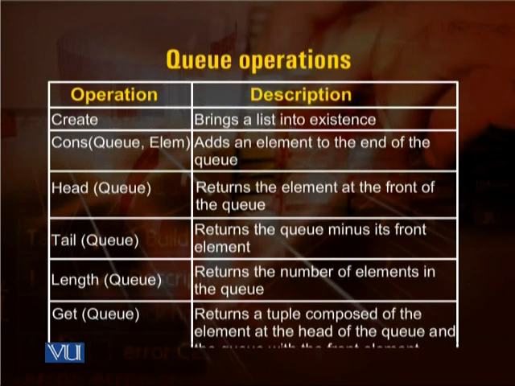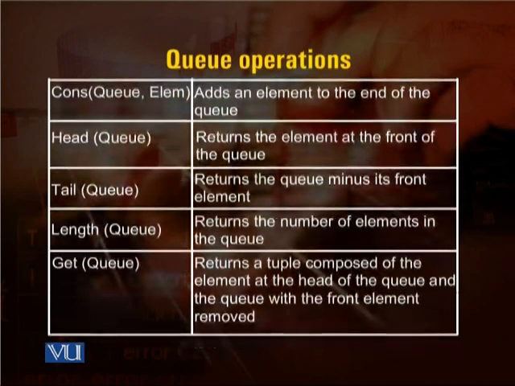We have the tail, which returns the queue minus its front element after chopping the top element. We have the length, which returns the number of elements in the queue. And we have one more operation, get, which returns a tuple composed of the element at the head of the queue and the queue with the front element removed.